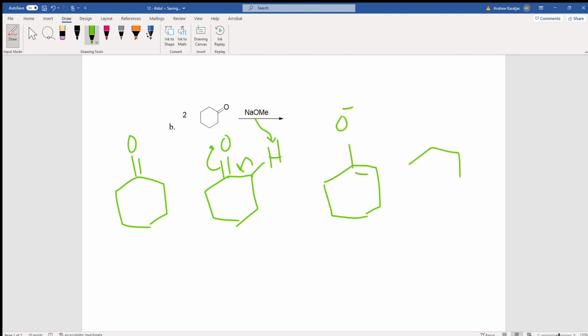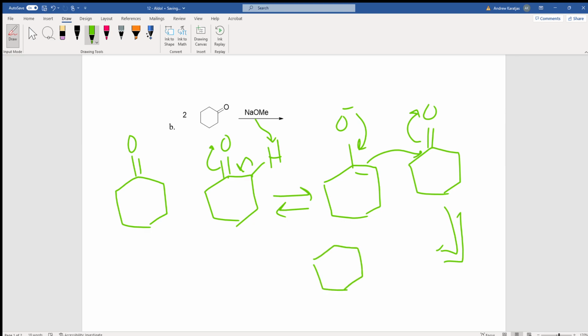That enolate will do nucleophilic attack onto a second molecule of cyclohexanone, which gets us there. Protonation of the oxygen gives us our initial product.